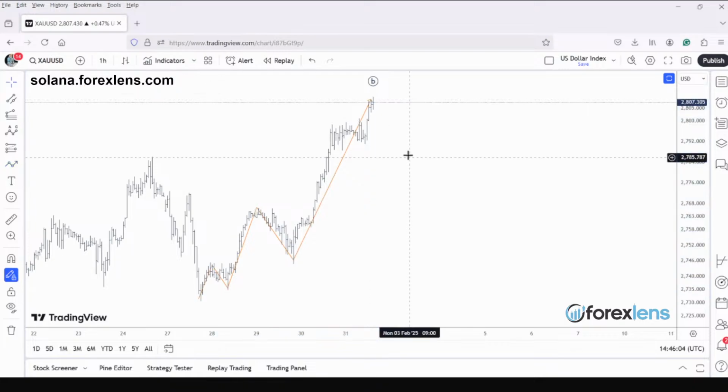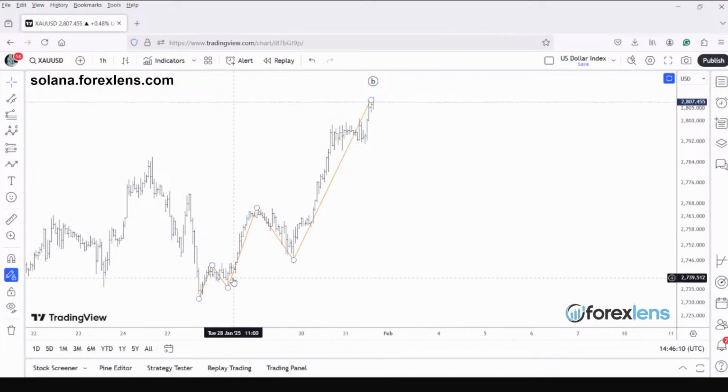Now, why I want to go with this is that we are not breaking any rules. Wave three cannot be the shortest, and it is not the shortest here. Wave five is the longest one. Wave 4 doesn't drop into the territory of wave 1, so that rule is also intact.